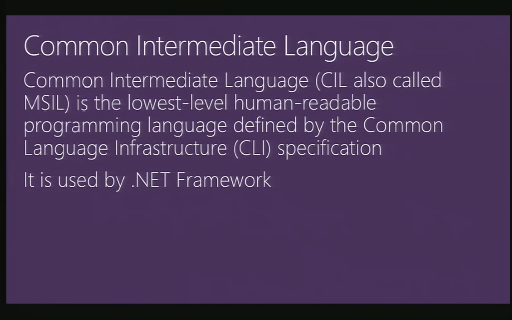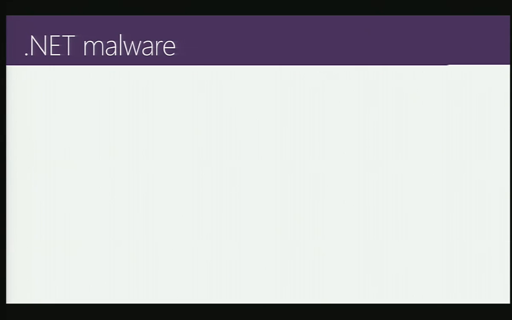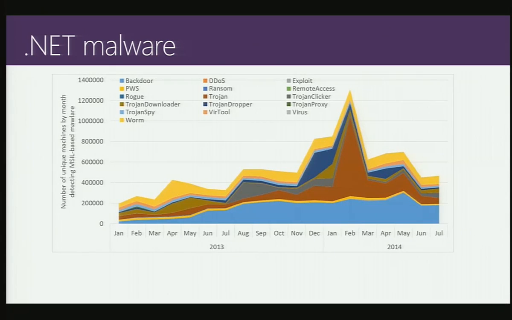And as it is a really convenient framework to develop, it also comes with some risks, since it provides virus writers a really convenient environment to produce their cross-platform malware. So then I would like to introduce .NET malware. First, let's take a look at this graph.